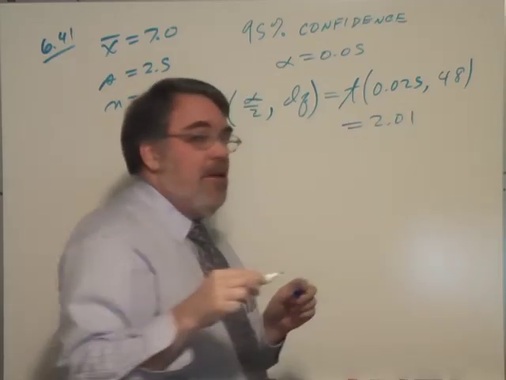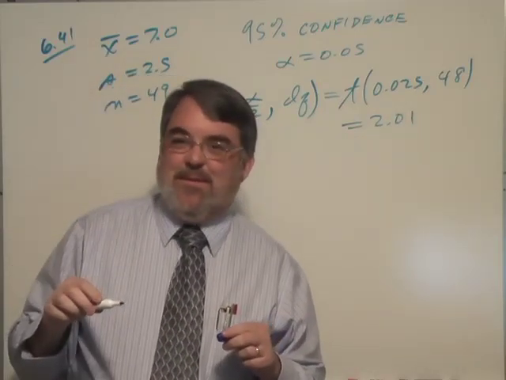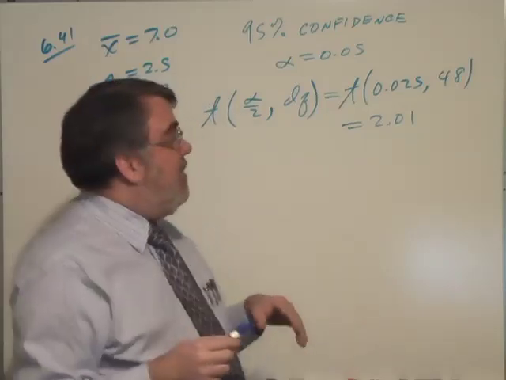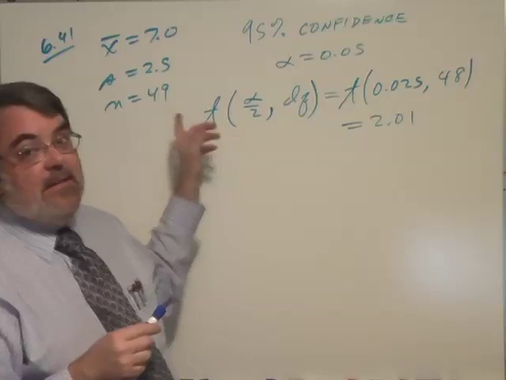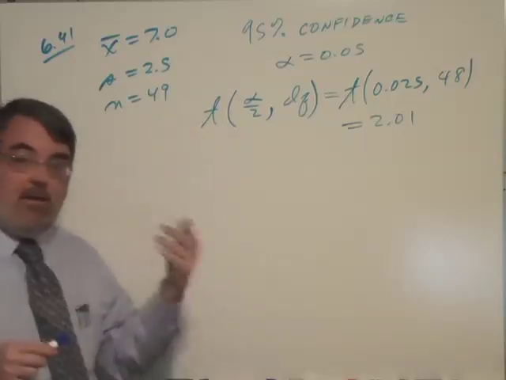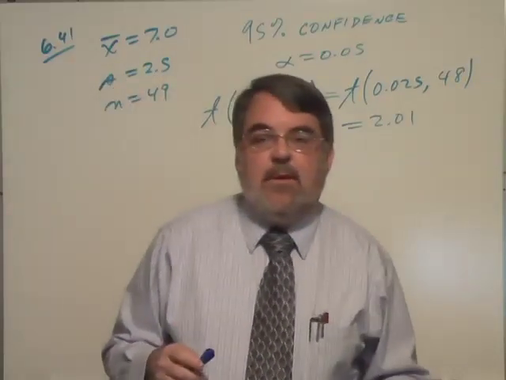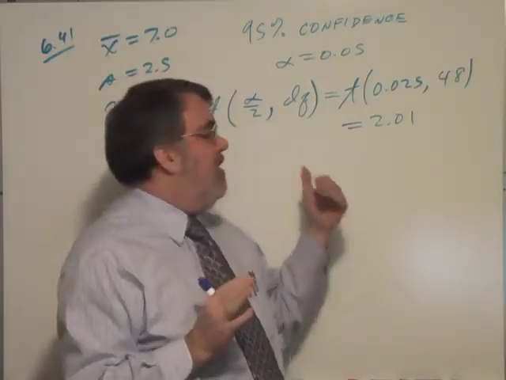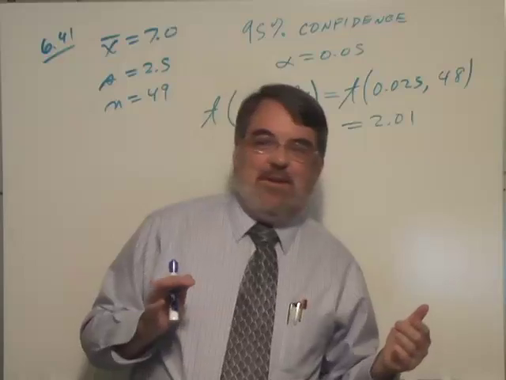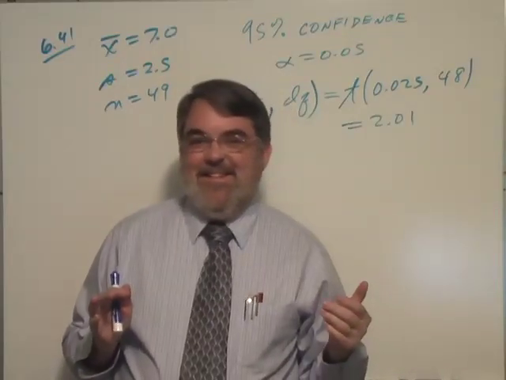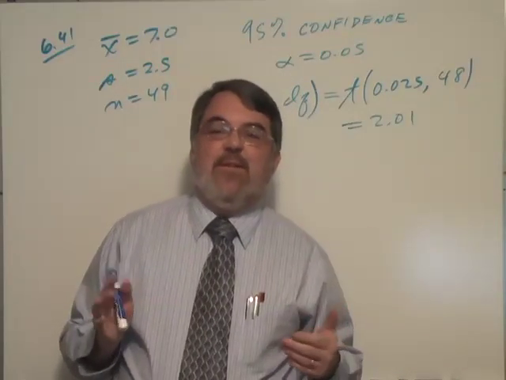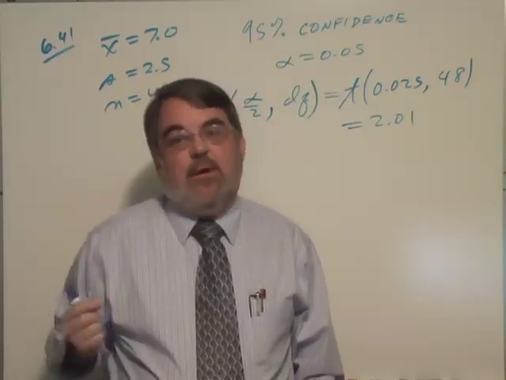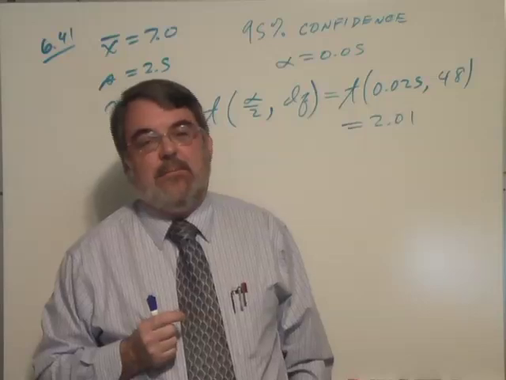Now, in the last problem it was 2.23, wasn't it? Why was it larger in the last problem? Well, that's because we had a smaller sample. We had a sample size of 11 in the last problem, now we have 49 people. So that means there's not as much sloppiness in our calculation of the standard deviation. You know, it's a sample standard deviation. That means it's subject to randomness because we do not know the population standard deviation.